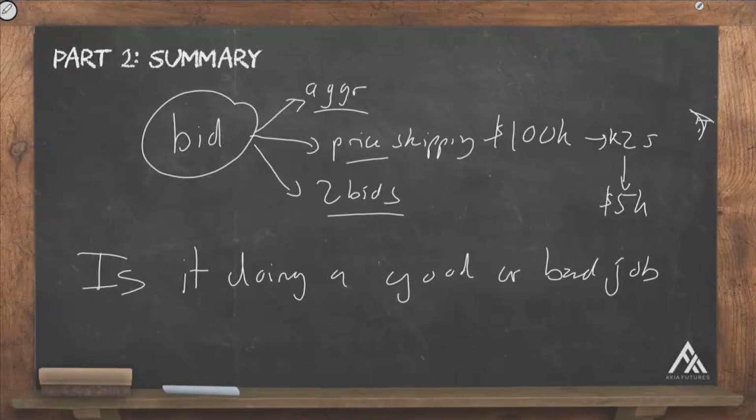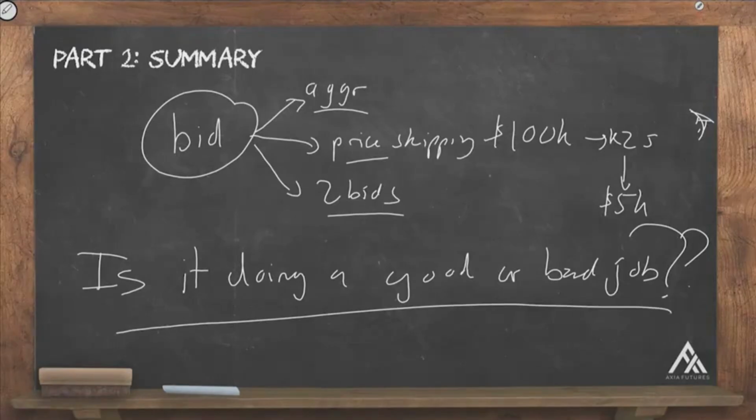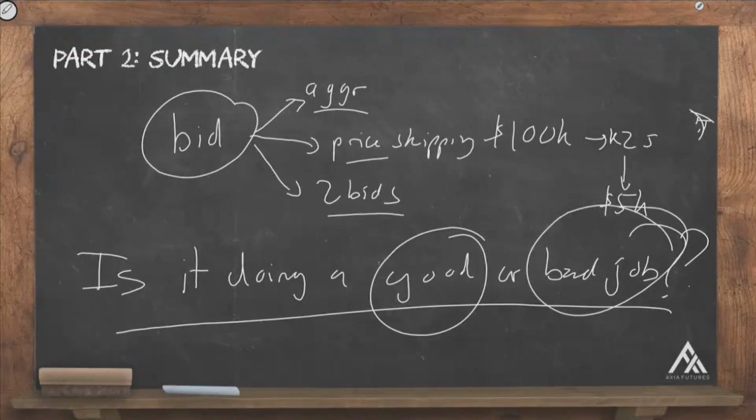If it's doing a good job, we don't go against it, we don't fade it, we don't even entertain going against it. If it's doing a bad job, there's an anomaly, something is not quite right, and that is also when we have a different kind of opportunity.